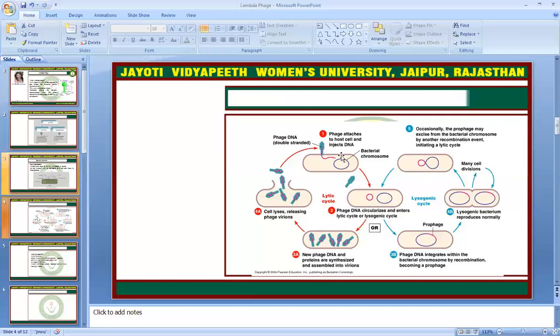If it remains in the lysogenic cycle, it will continue like this, integrate and again replicate, and many bacterial cells will have the bacteriophage DNA molecules.